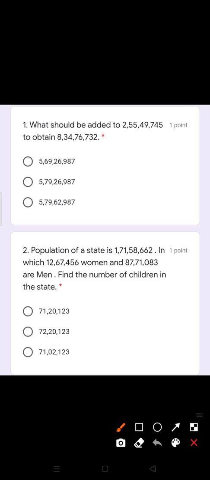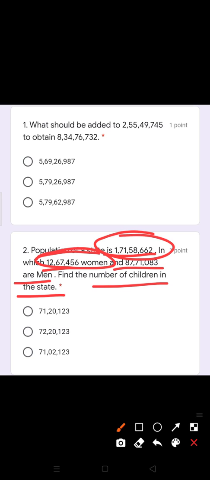Your question number 2 says population of a state is given. It means total population is given. Then number of women and number of men are given, and they are saying find the number of children. So to find the number of children, what we are going to do, we are going to subtract the number of women from the total population.